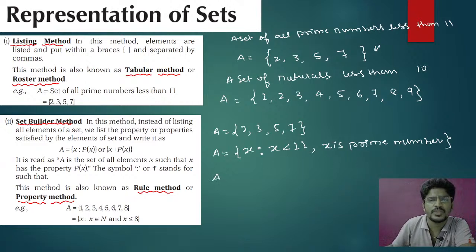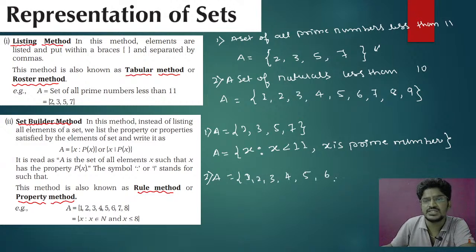In the same way, see the second example we have written here. The same example I am writing in set builder form. Now I will take A as 1, 2, 3, 4, 5, 6, 7, 8, 9. Now how can I write this?